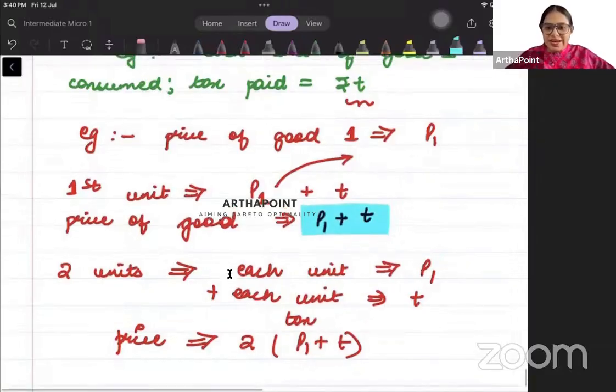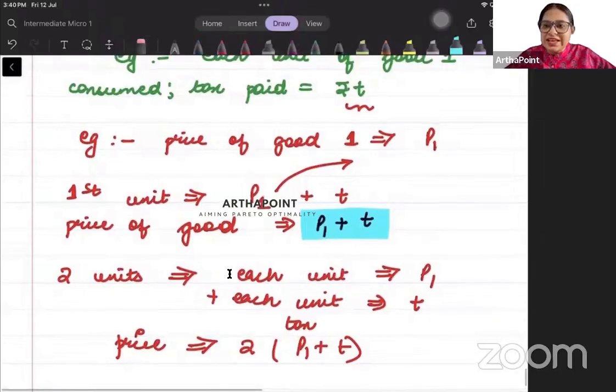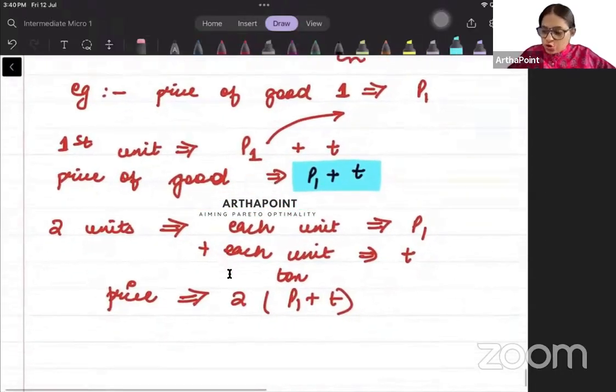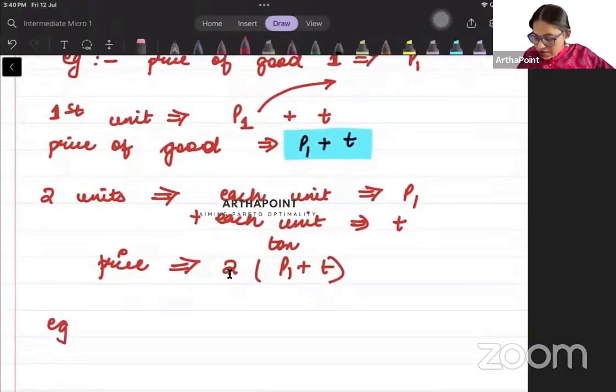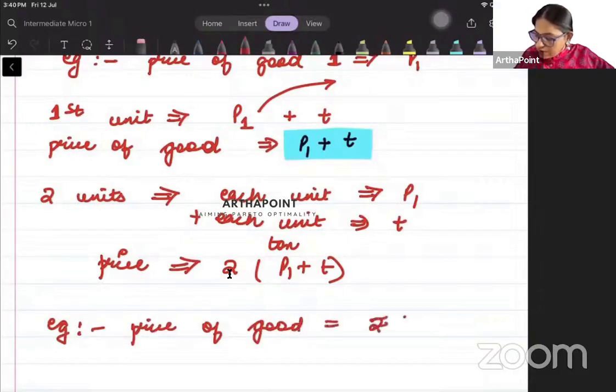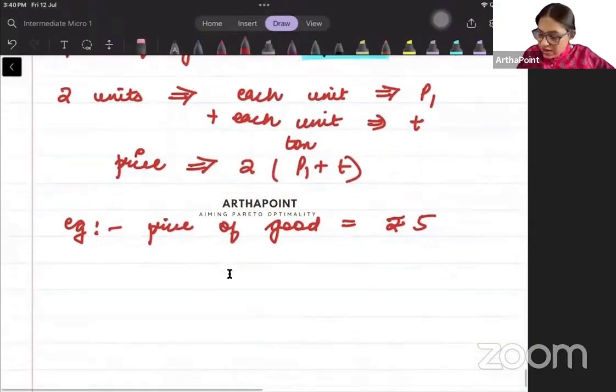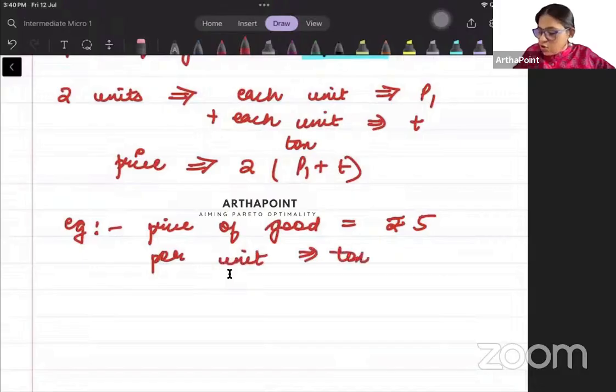आपका गुड का जो प्राइस है, it has increased by T rupees. तो अगर for example suppose I tell you that price of good, beta, is 5 rupees, right? And per unit there is a tax of beta 2 rupees.